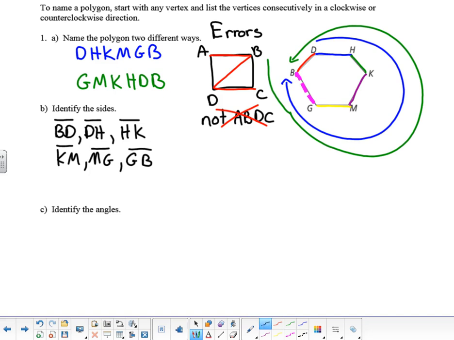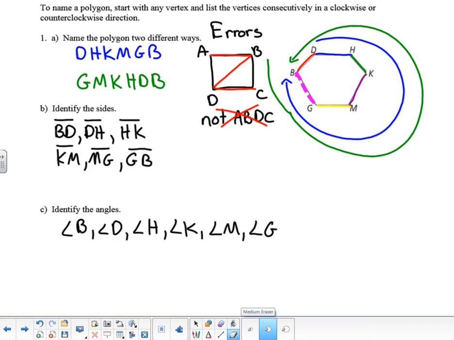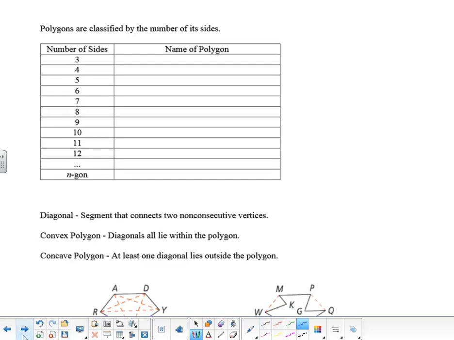So there are 6 sides, and if there are 6 sides, we should have 6 angles, and so it would be angle B, angle D, angle H, angle K, angle M, angle G. So really simple, all the vertices are angles. Nothing too complex about that here.